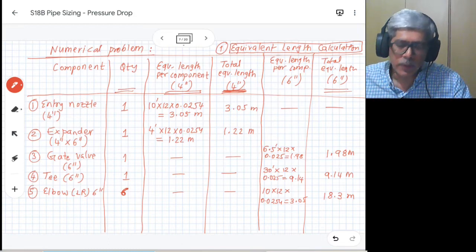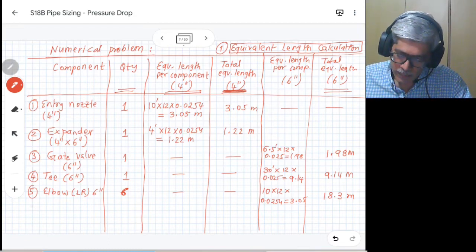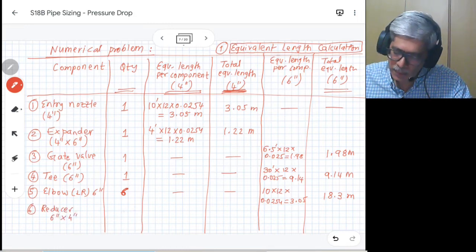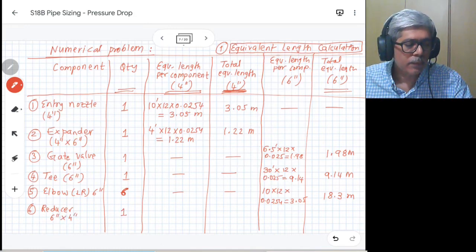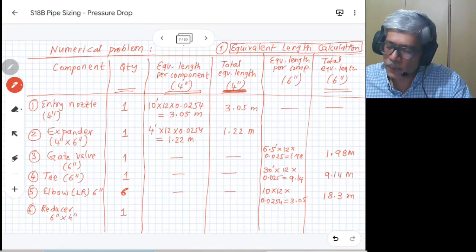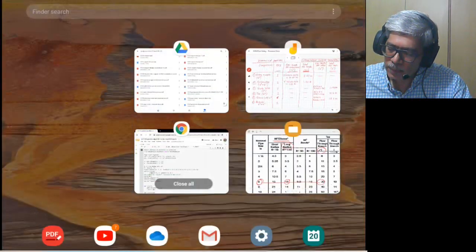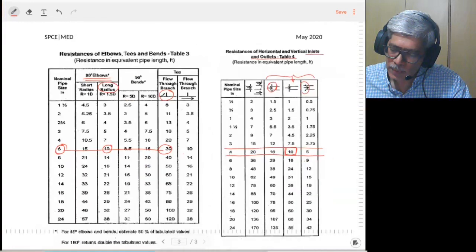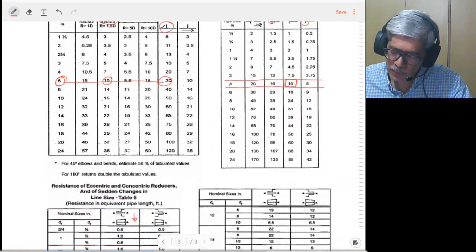Next we have the reducer coming in the pipeline. So next is the reducer, which is from 6 inches to 4 inches, and it is 1 in number. So we have to refer to the table corresponding to the reducer.